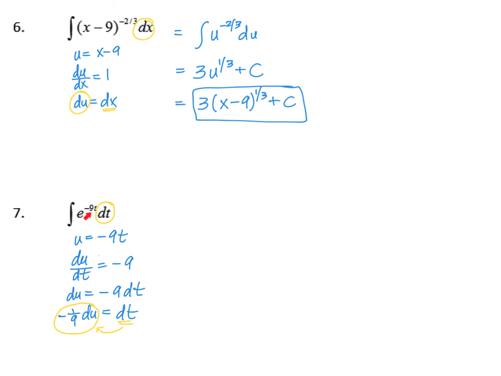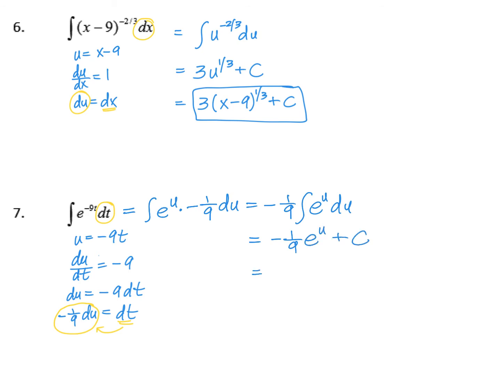This exponent here, negative 9t, will be replaced by u. So we have the integral of e to the u, and then dt is replaced by negative 1/9 du. All right, so this is negative 1/9 the integral of e to the u du, and the antiderivative of e to the u is e to the u. And then we also have a plus c, and so now we reverse substitute back with negative 9t.